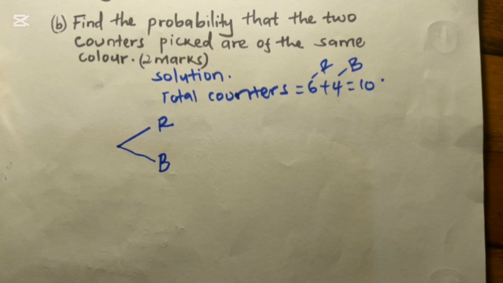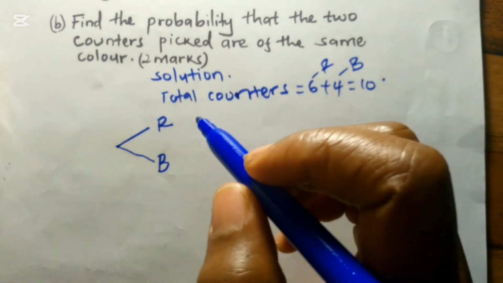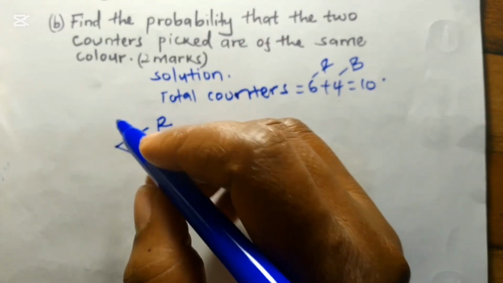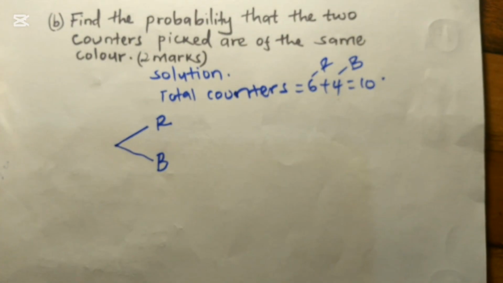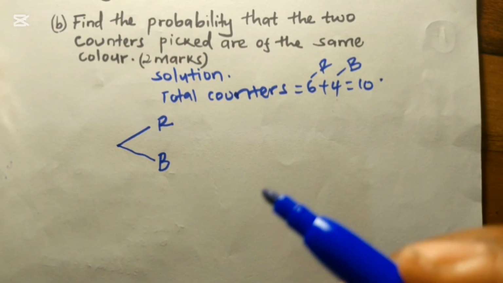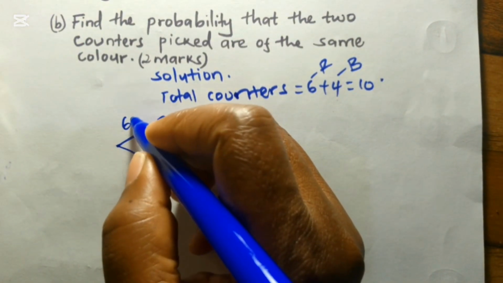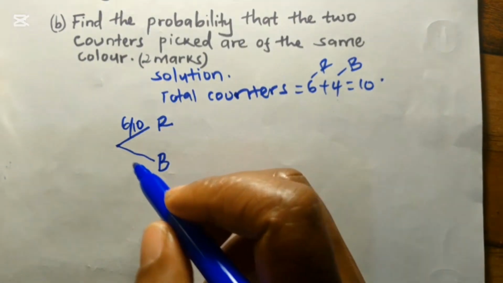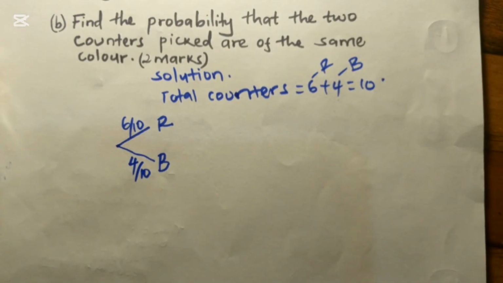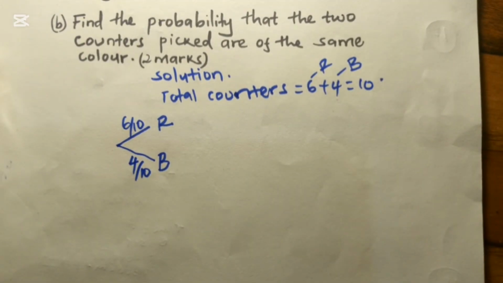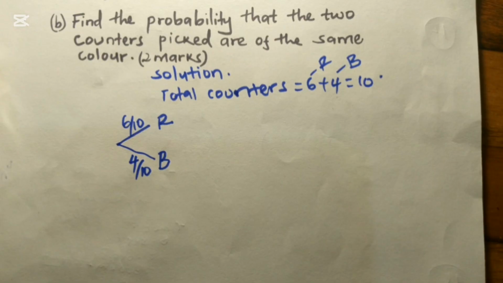So the probability of picking a red counter is the number of red counters, which is 6, over the total number of counters, 10. So 6 over 10, and then for blue is 4 over 10. So the probability of picking a red counter is 6 over 10, and the probability of picking a blue counter is 4 over 10 for the first picking.